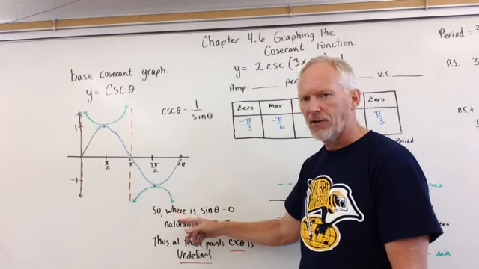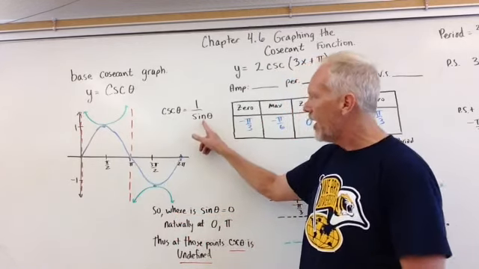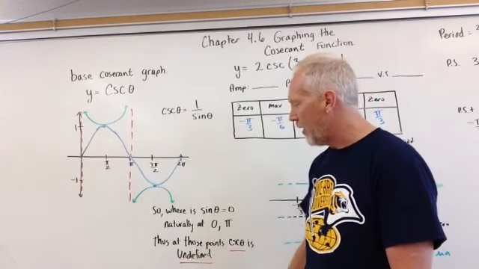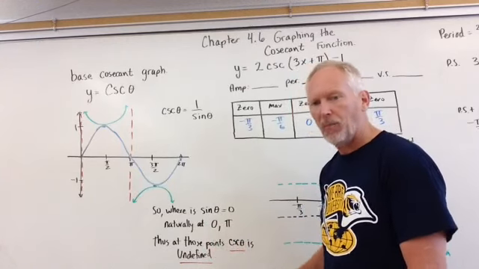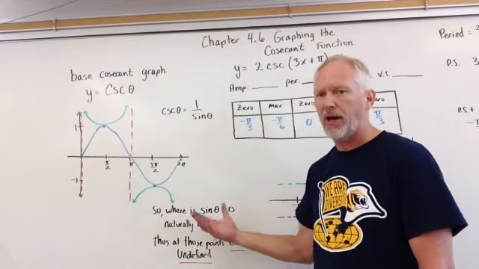But first, we have to ask, where is sine equal to 0? Because if sine is in the denominator and I get a 0 there, that's going to be undefined. Sine is naturally 0 at 0 and pi. Thus, at those points, cosecant is undefined.